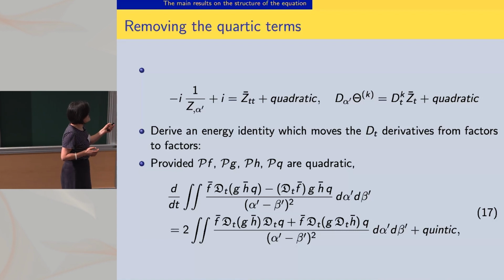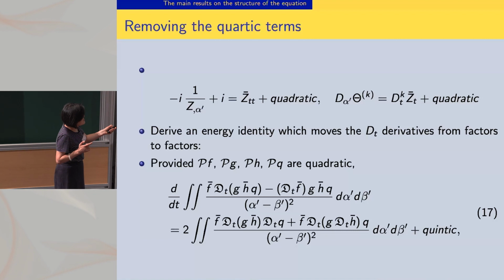So it's ztt. And also, what is capital D alpha zt? Capital D alpha of something is 1 over z alpha times the derivative d alpha theta k. So this quantity you can also check: it's really k times the material derivative of the velocity zt.